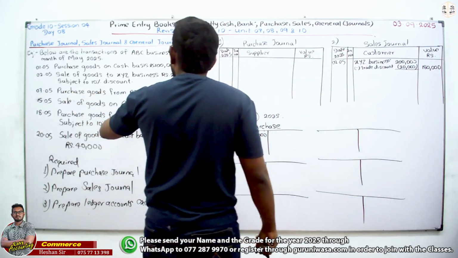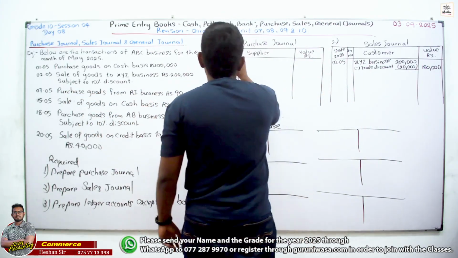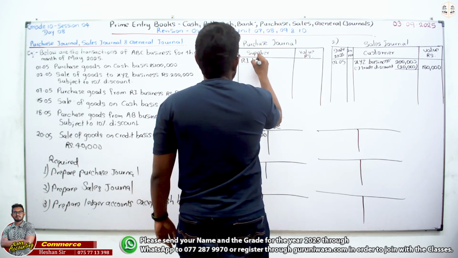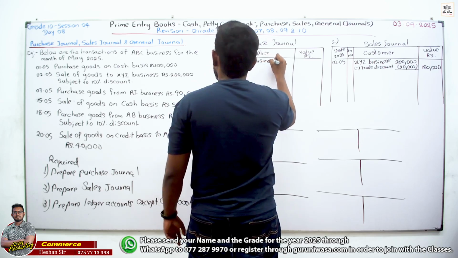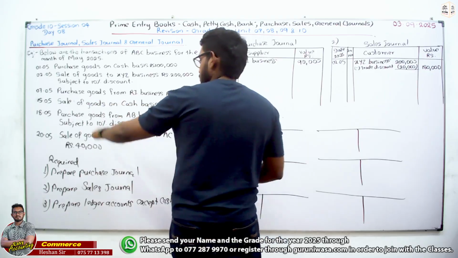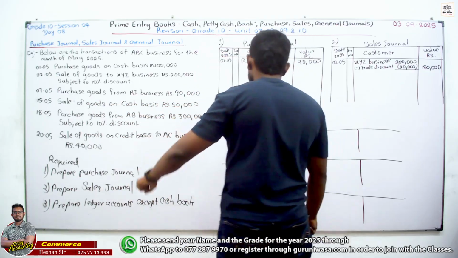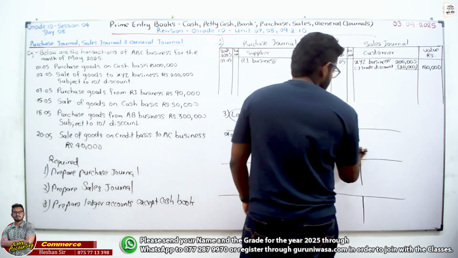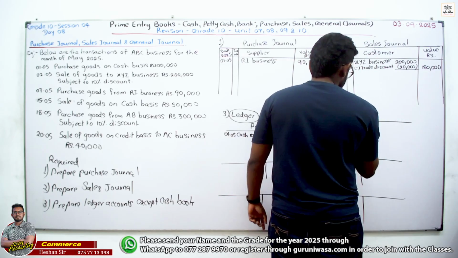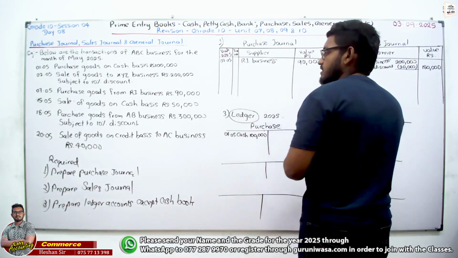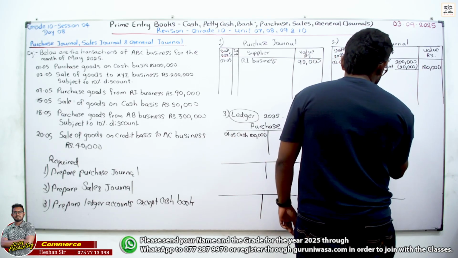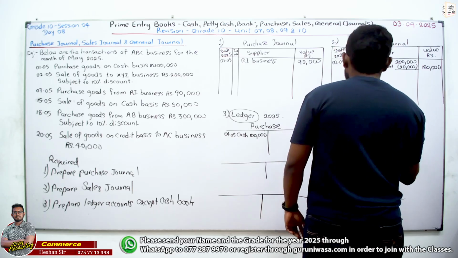Purchase goods from RI business. If a name is given, it's a credit purchase. 7th of May, RI business, there is no trade discount, so no need to deduct, it's 90,000. Sale of goods on cash basis: when we sell goods on cash basis, we prepare the cash book debit, sales account credit. Since the cash book is not asked, 15th of May, write it as cash 50,000.